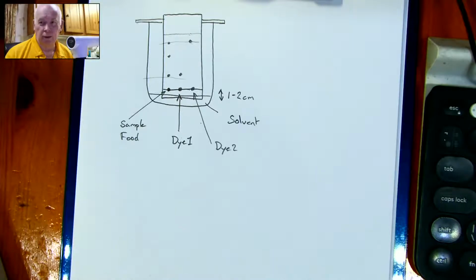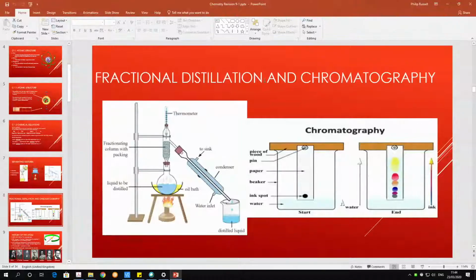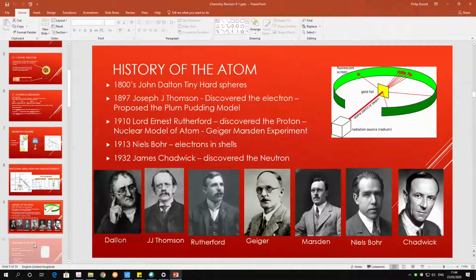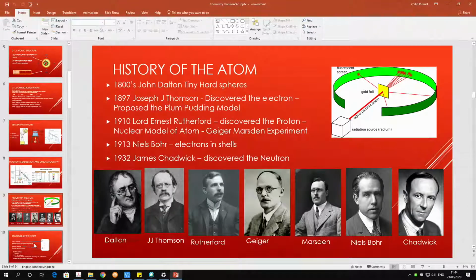Going back to the slides, we're doing quite well. We're going to have a look at then a little bit about the history of the atom. Where do we get some of this history from? Well, the history of the atom is based on the works of many different people. And the first of these people was a guy called John Dalton.